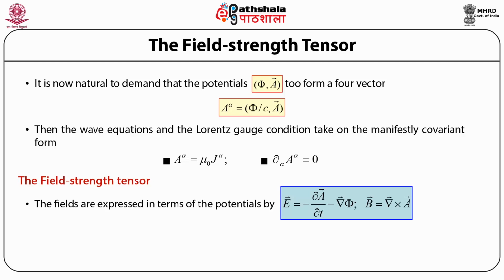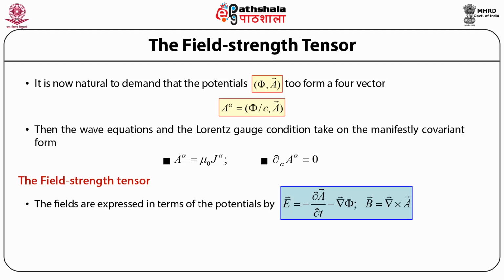The electric field vector E is equal to minus ∂A/∂t minus ∇φ, while the magnetic field induction vector is given as the curl of the vector potential A, that is ∇ × A.